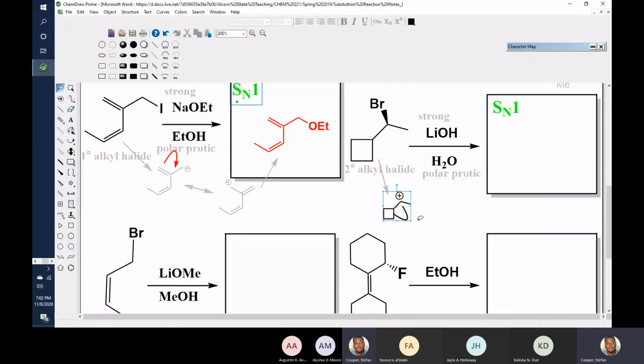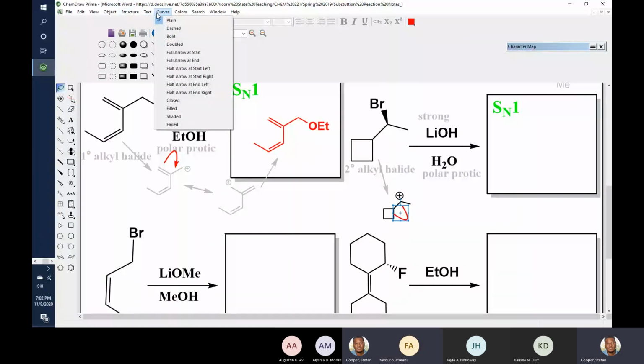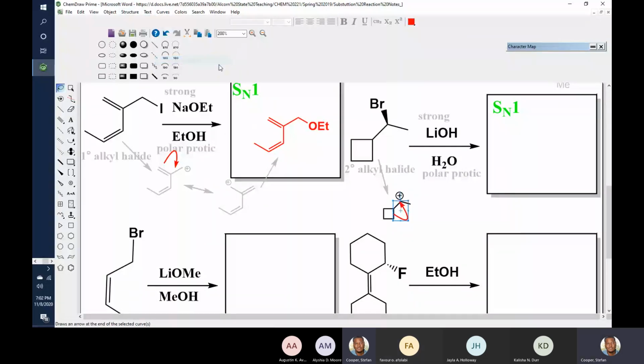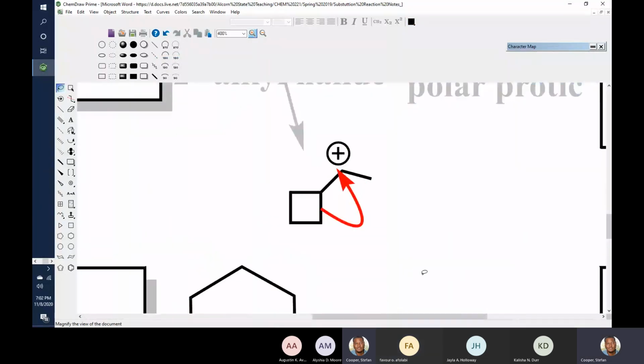Why is it doing that? So all I'm doing is having one of these bonds to the ring neighboring this carbocation. So this bond right here is going to pop open, to extend itself out.